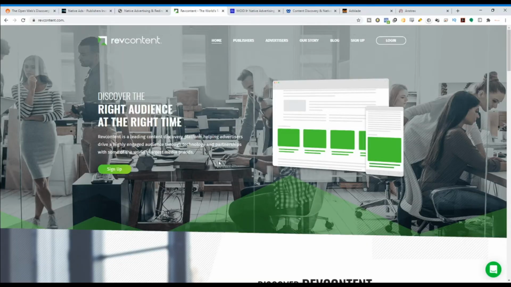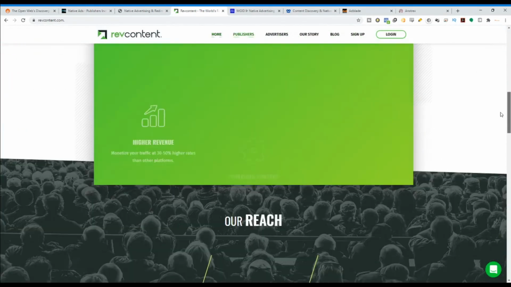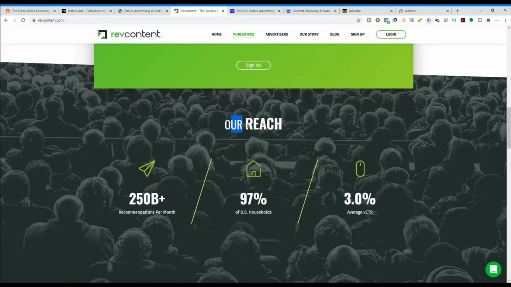For Revcontent, on the other hand, if you're targeting a specific geo, and you're targeting the United States of America, there is no better native advertising platform you can choose compared to Revcontent, because they reach up to 97% of United States households, guys.